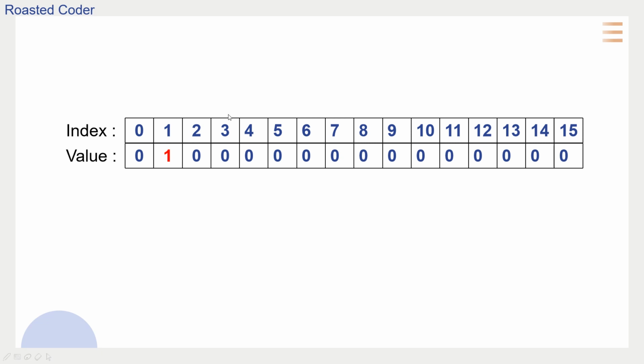Again we will go to an odd number, that is 3, and we will see what the value at half of this odd number is, and we will add 1 to that value and put it into this index. So you can see the value at half of 3 is 1, so we will increment 1 and put it into 3. Again we will go to 5, and you can see half of 5 is 2 and the value at it is 0. So increment 0 and put it into 5.